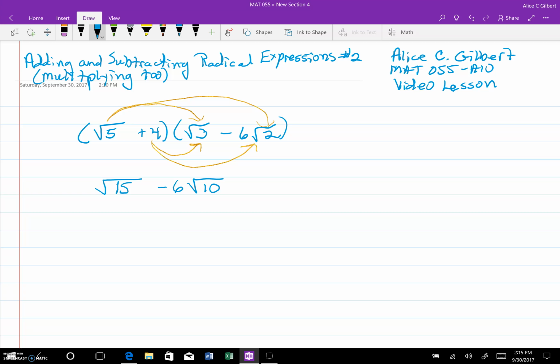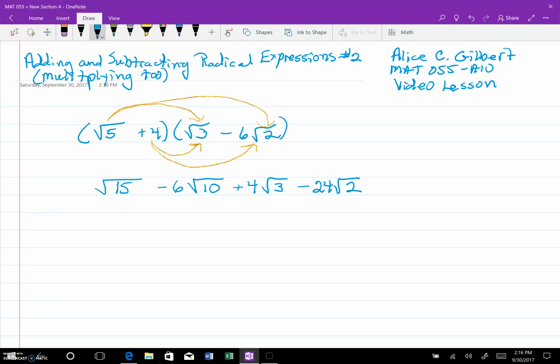Then we come back and we're going to do 4 times the square root of 3. It's kind of like multiplying 4 times x, I just get 4x. But this is 4 times the square root of 3. And then 4 times negative 6 times the square root of 2. Well, it's the whole numbers I'm multiplying here. First of all, a negative times a positive is a negative. 4 times 6 is 24 times the square root of 2.